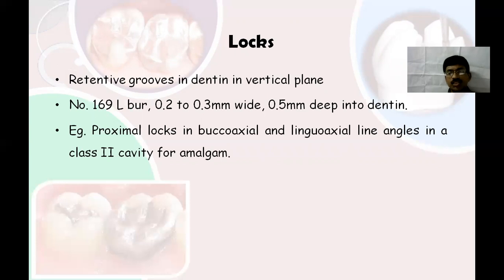Coming to the locks. Locks are retentive grooves which are given in dentine in a vertical plane. So we have seen slots, cores, and locks. Slots and cores are given in a horizontal plane, while locks are given in a vertical plane. The burr we use to give the lock is the number 169 L burr.